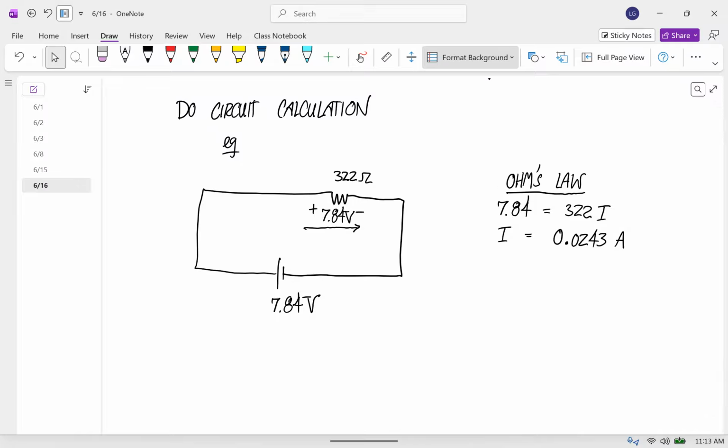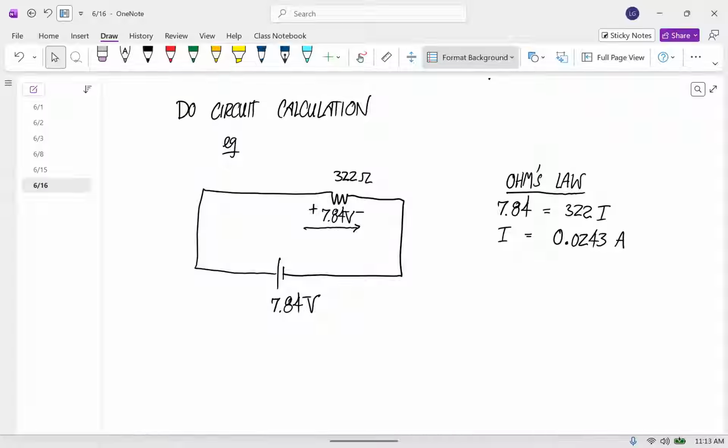Are you with me on this? So you're just touching the leads of the multimeter this time to the two sides of the resistor. Are you getting that same voltage that you got for the battery?